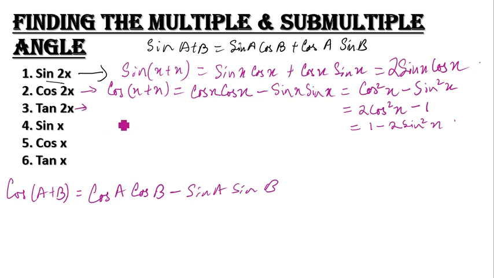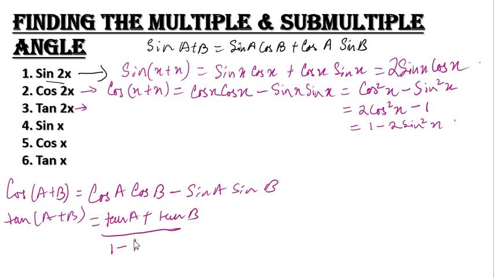Now the next part is tan 2x. What is the formula for tan a plus b? Tan a plus b is tan a plus tan b divided by 1 minus tan a tan b. Clear? Now see, what is tan 2x? Tan 2x we can write easily as tan of x plus x.